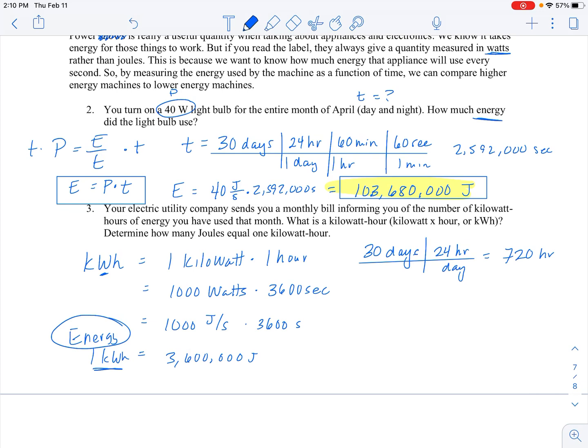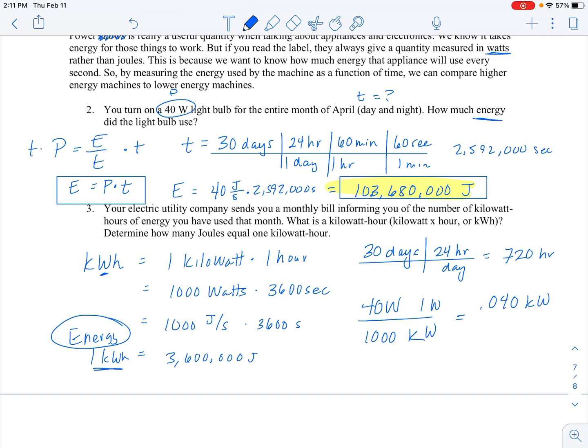What they do is they measure the energy consumption in kilowatt hours. So we would take the 40-watt light bulb, and we would divide by 1,000, because there's 1,000 watts in 1 kilowatt. And that gives us 0.040 kilowatts.